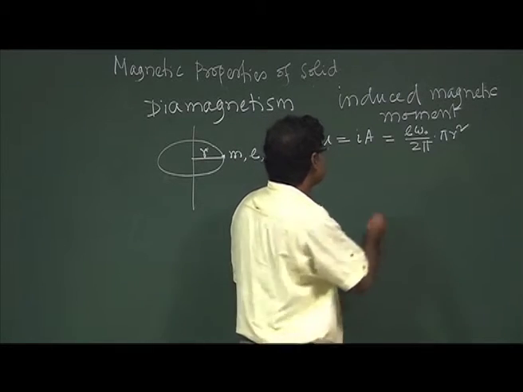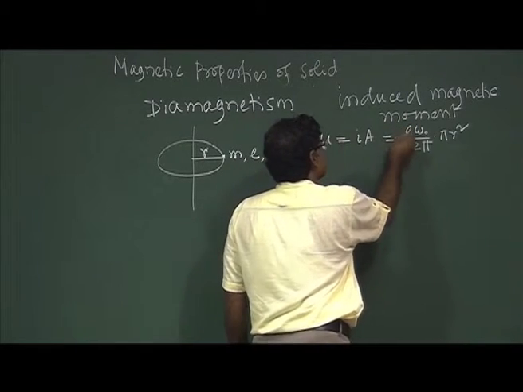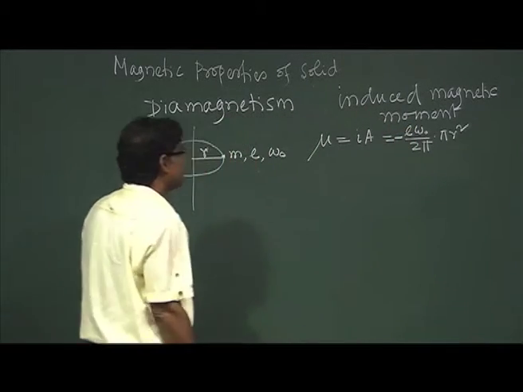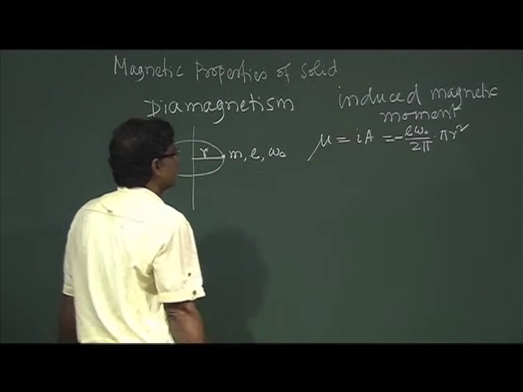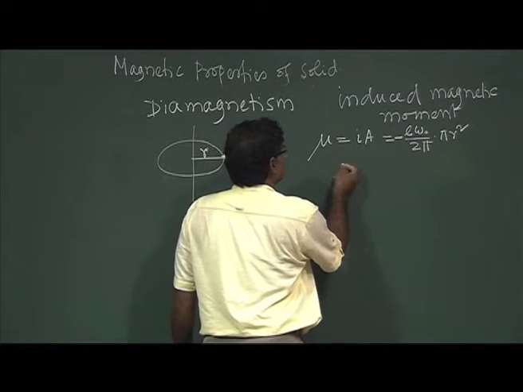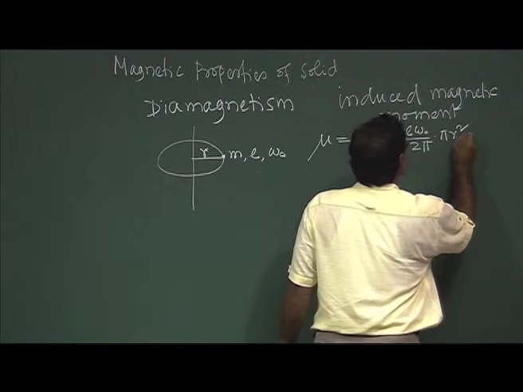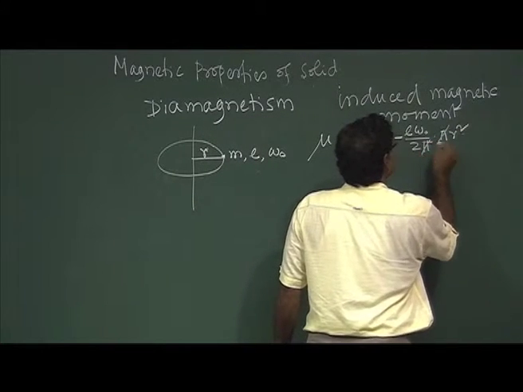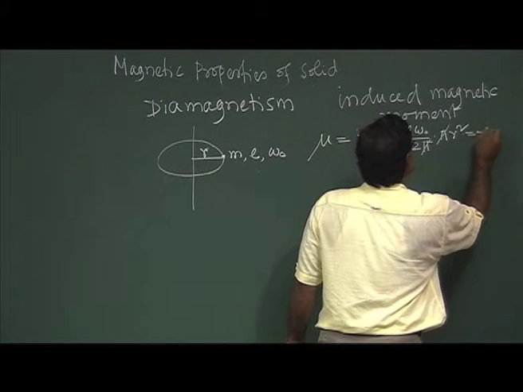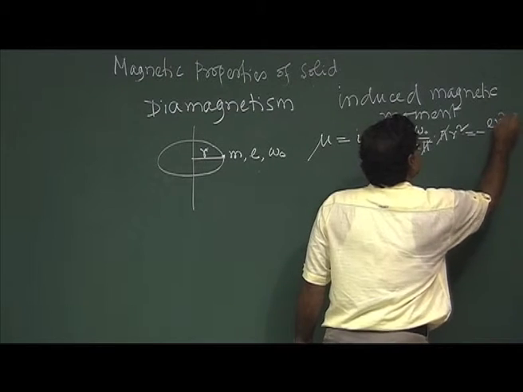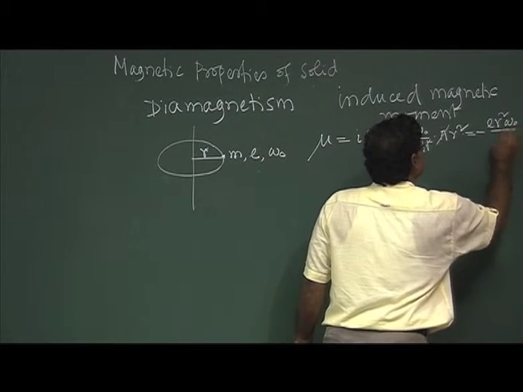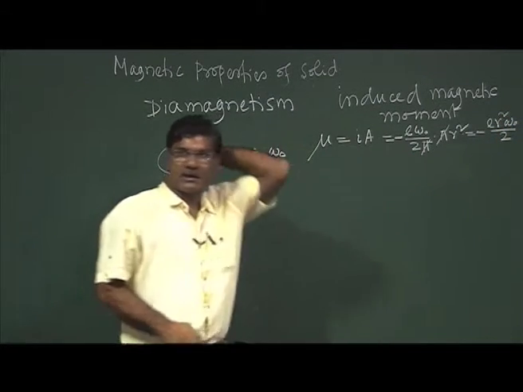Since e is a negative charge, I put a negative sign. The pi cancels, so we get mu equal to minus e r square omega 0 by 2.